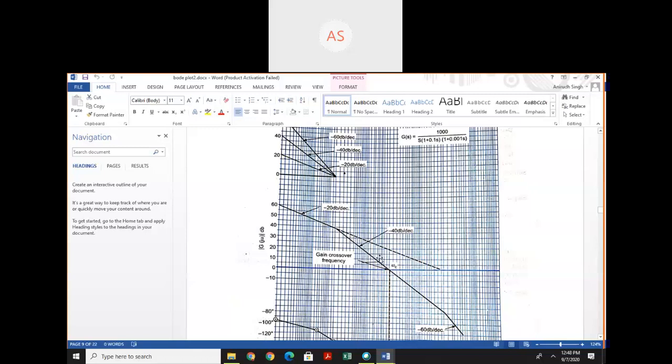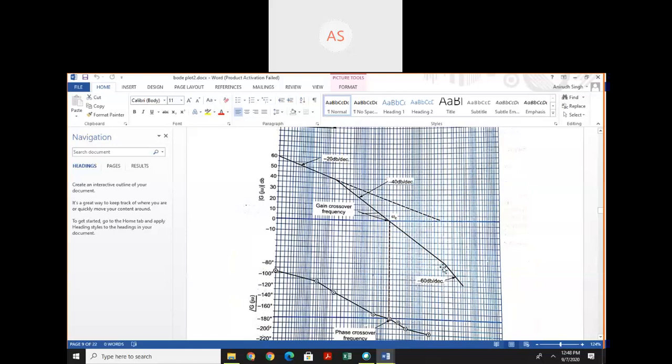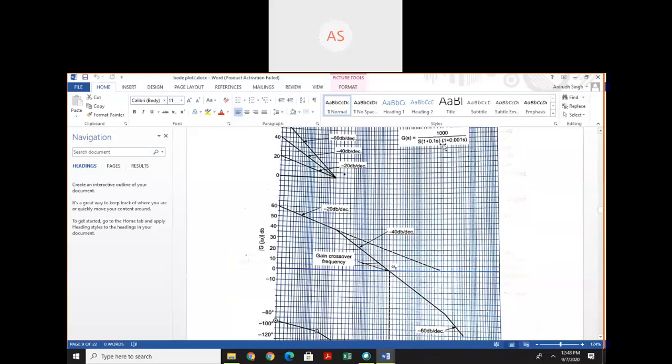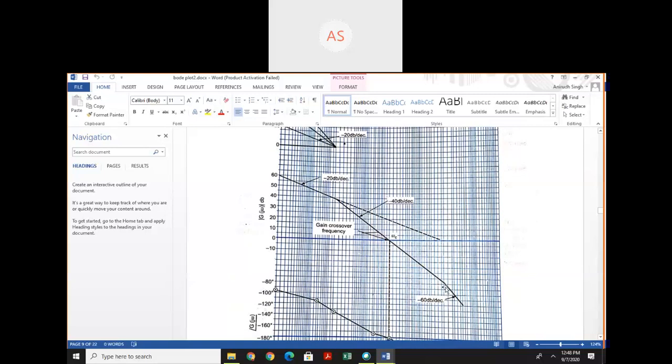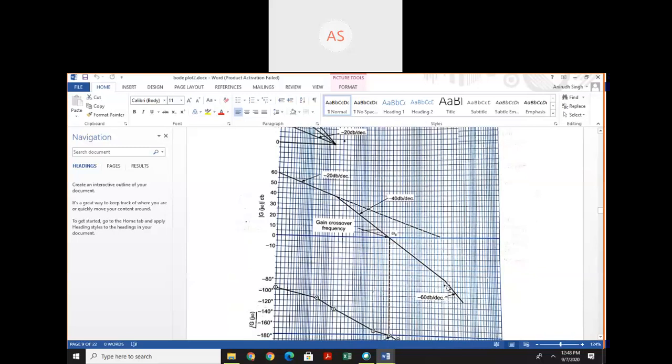The next corner frequency is at 1000. At the 1000 corner frequency, the third pole is also activated, so there is a slope of minus 60 dB per decade from the second corner frequency.